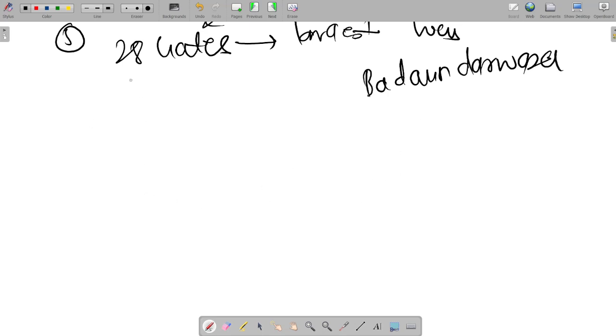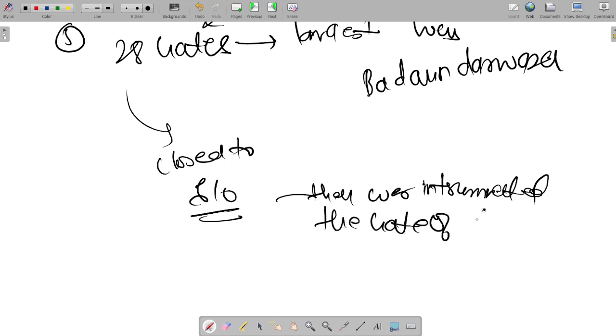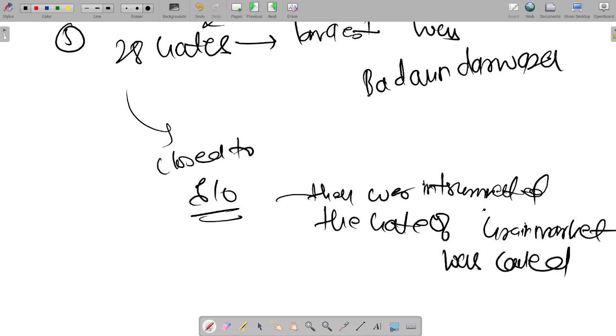As these gates were close to each other, they were interconnected. The gate of the grain market was called Mandvi Darwaza.